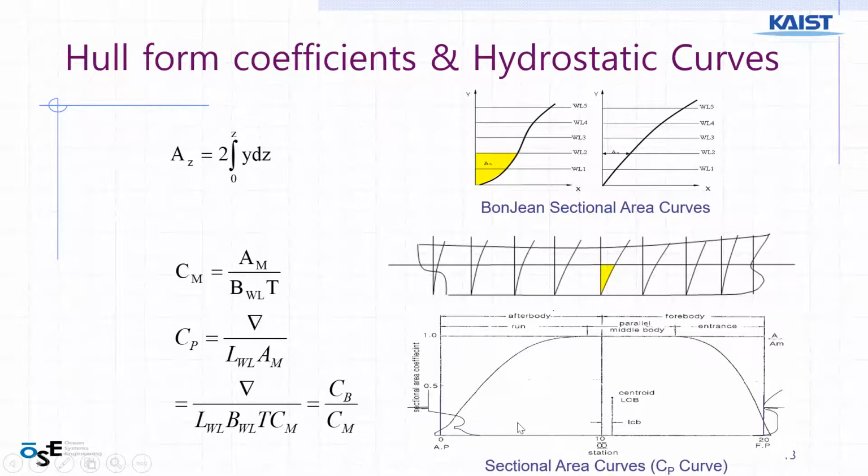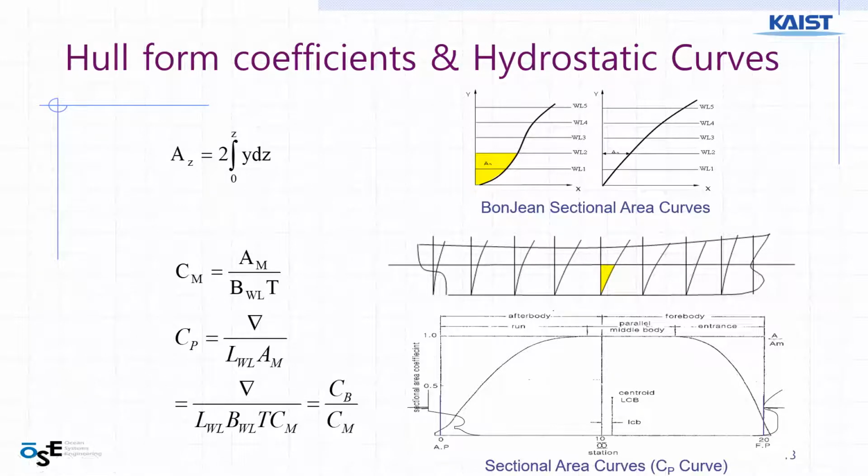By integrating, or calculating the area under this curve, you can calculate the volume of the ship. That's how the volume was calculated in the old days, using Bonjean sectional area curves.